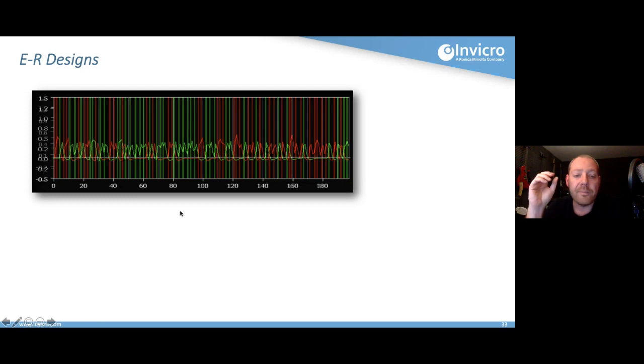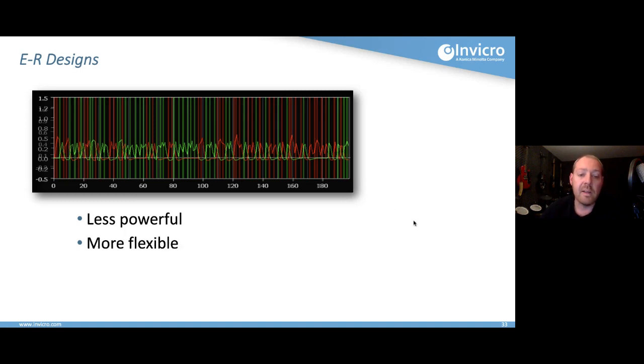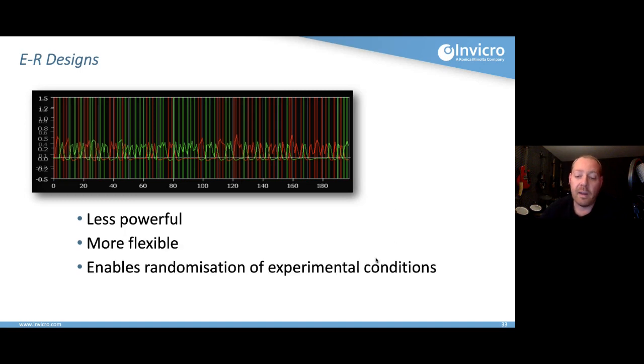So this gives you the optimal way of distinguishing between the 2 signals related to your 2 conditions, if that makes sense. So event-related designs are very good for that kind of thing. They're less powerful generally than block designs in terms of signal detection, but they are a lot more flexible and you can do randomization with them. And they're a bit harder to implement because you have to figure out the best way of randomizing things and so on.